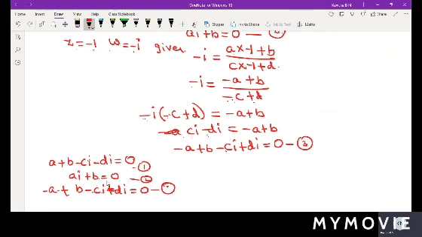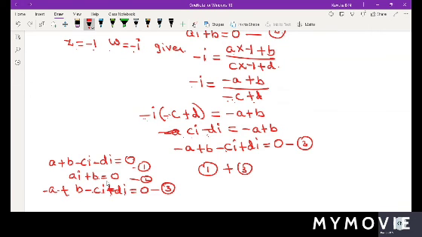Then this is equation number 3. Then observe here, taking 1 and 3, what will happen? Plus c and minus c get cancelled. Minus di plus di get cancelled, meaning 2 variables will get cancelled. That's why take 1 plus 3.